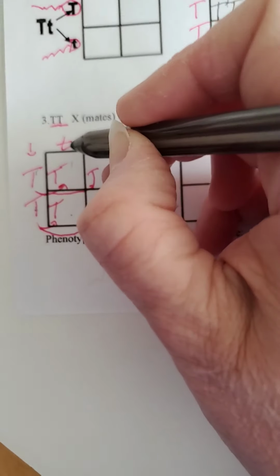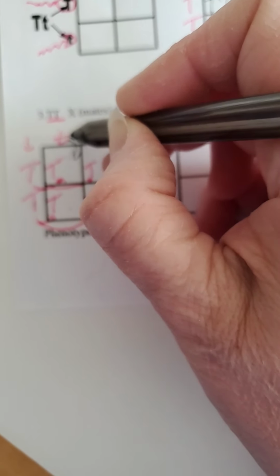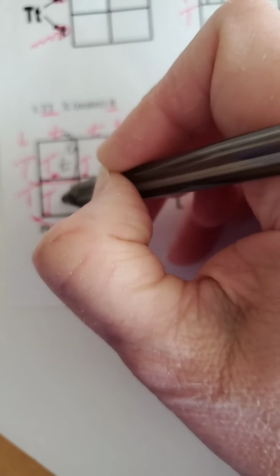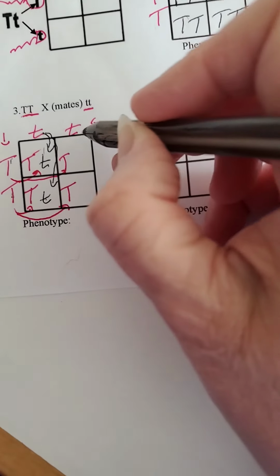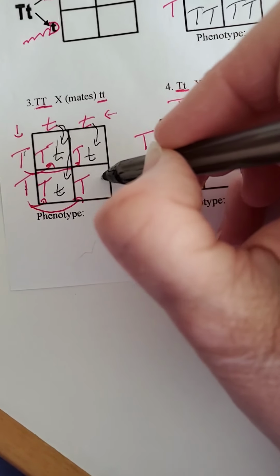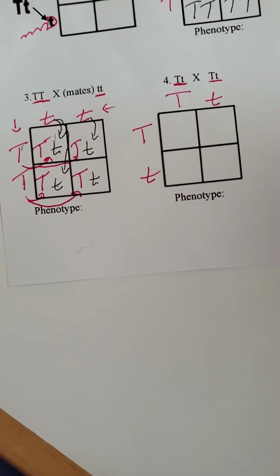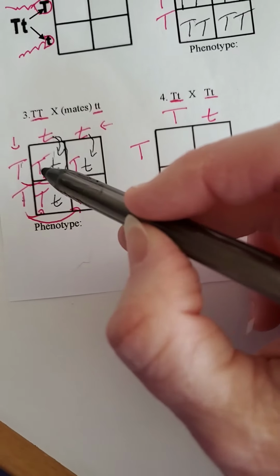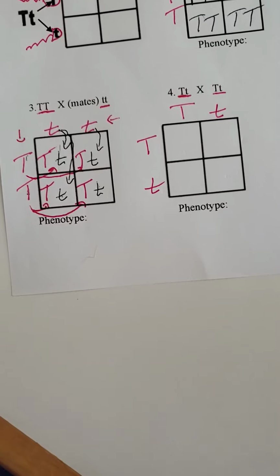The little t's move down. So this little t comes down to this box, and this little t comes to this box. The same thing here. This little t comes down, and it comes down again here. Okay, so you notice every single box says the same thing, big T, little t.